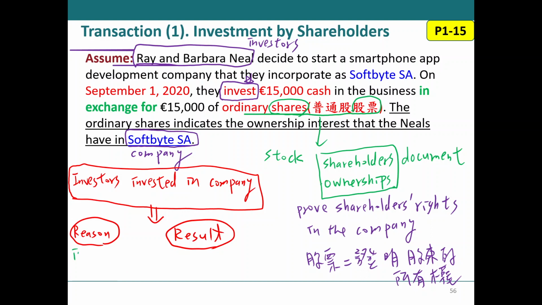The reason is investors invested in company. What's the result? Investor invested in company, so you got the cash, right? So the result is you got the cash.